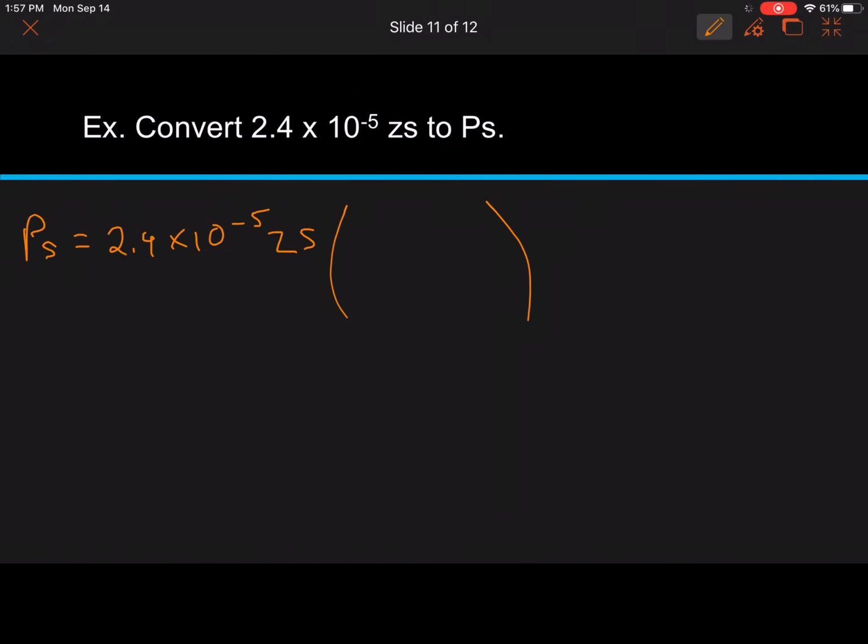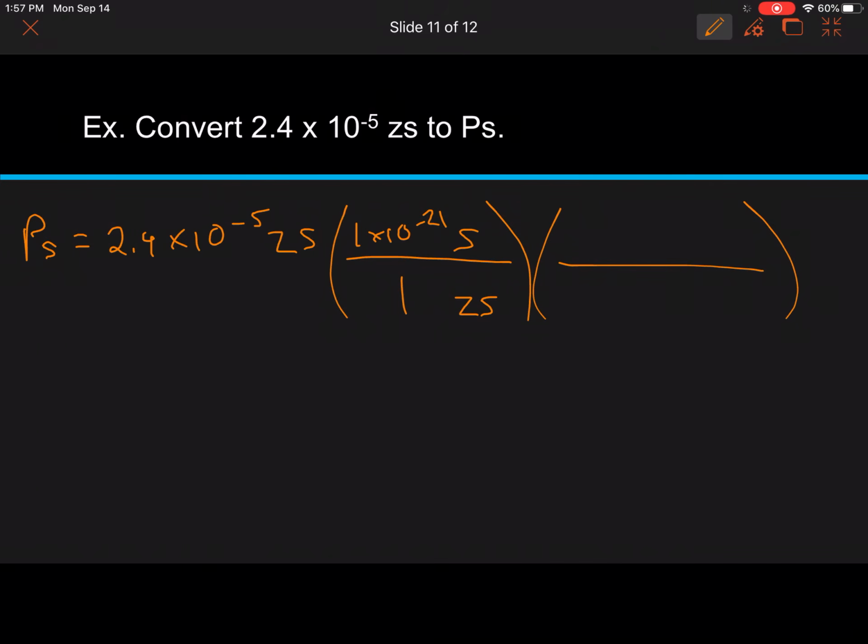So I don't have a conversion factor that takes me directly from zeptoseconds into petaseconds. So I'm going to work through the base unit, which would be seconds. So zeptoseconds here, seconds here. I know that 1 zeptosecond, I'm going to look at my chart for this, is 1 times 10 to the negative 21.